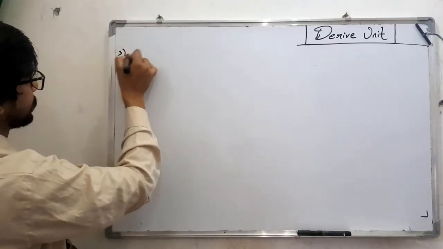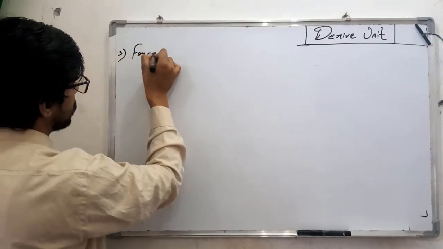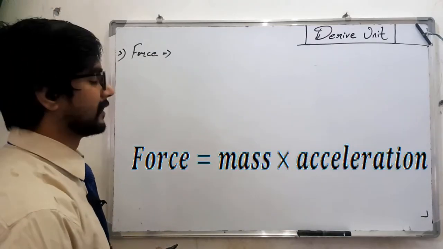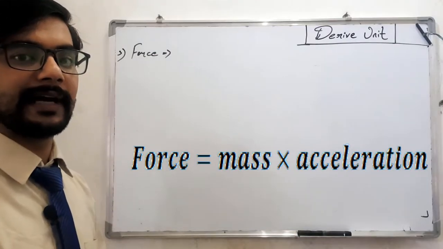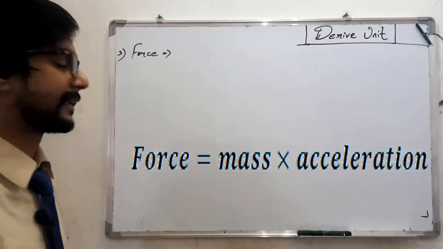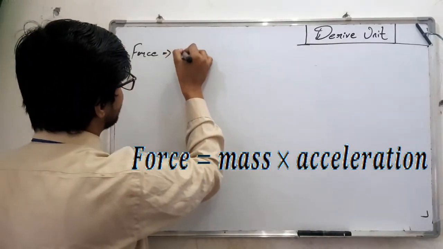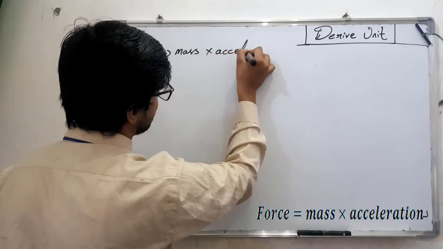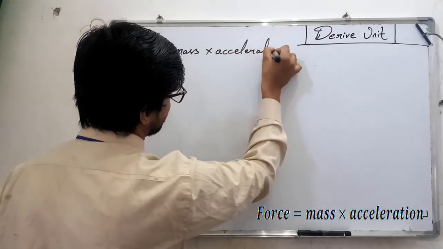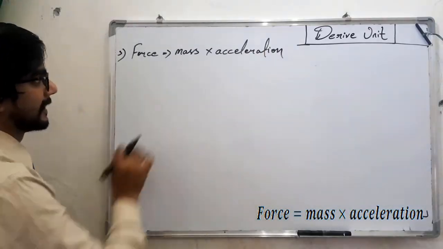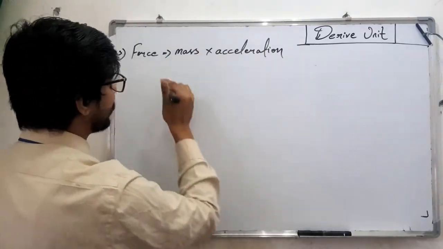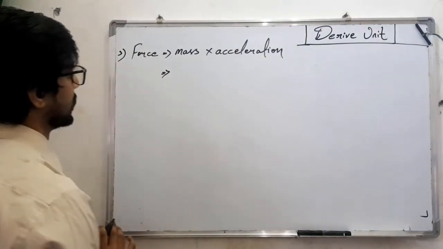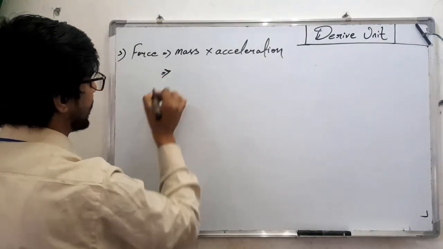Force. According to Newton's second law of motion, force is defined as the product of mass and acceleration. So you can just write over here mass times acceleration. I already said try to write in the complete form. It will take a little more time, but you will be able to do it very nicely.